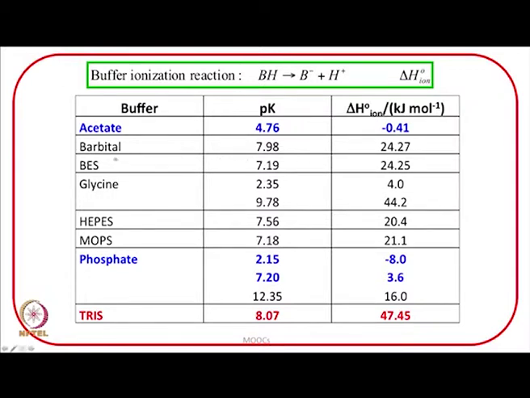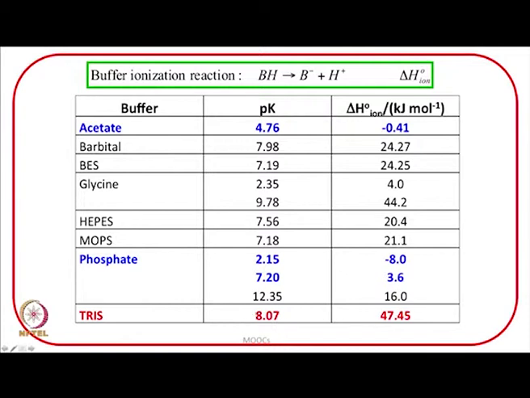If you look at barbital, the enthalpy of ionization is large, 24.27 kilojoules per mole. For BES also, the enthalpy of ionization is 24.25 kilojoules per mole. For HEPPS, 20.4. Another possibility is TRIS.